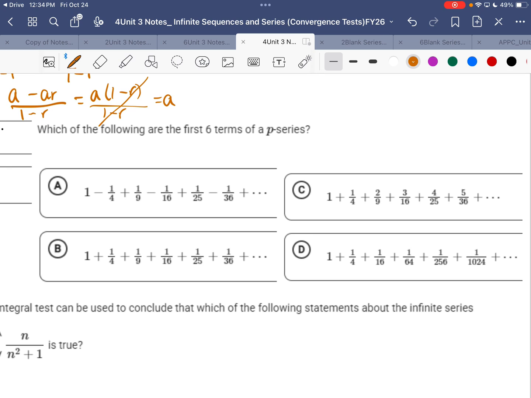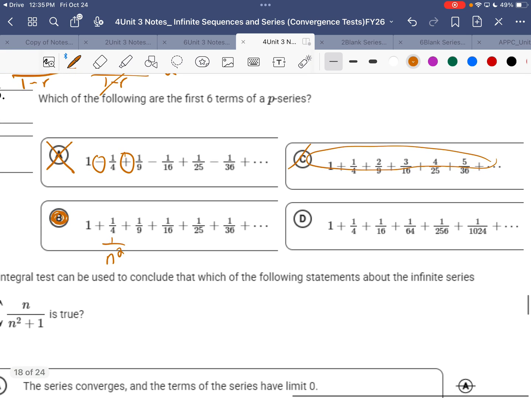All right, on 6. Which of the following is a P series? So I want to figure out what's not. So what's wrong with A? It's oscillating. P series cannot be changing signs. Okay, then we're looking at C. What's wrong with C? The numerator's changing, so that's bad. It's B, right? Because I think the pattern is n squared, 1 over n squared.